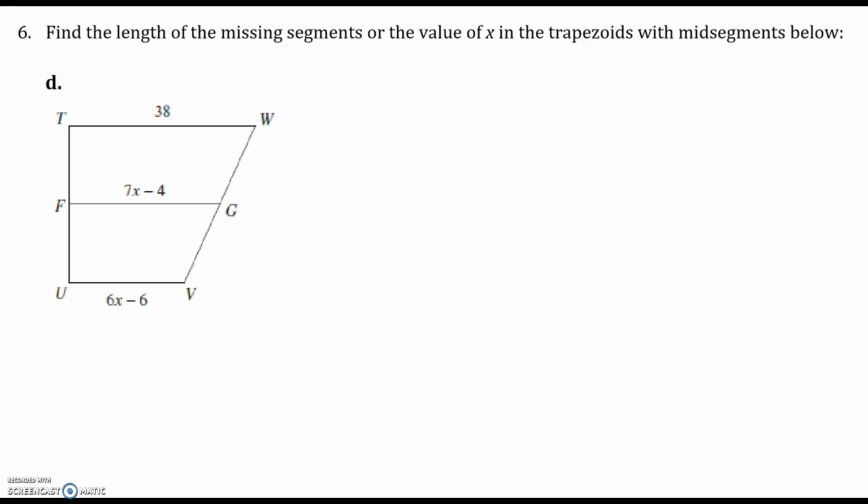For number 6D, the midsegment is equal to the average, so add up and divide by 2. All right, and then cross multiply. So don't forget, when you multiply this by 2, you're distributing.